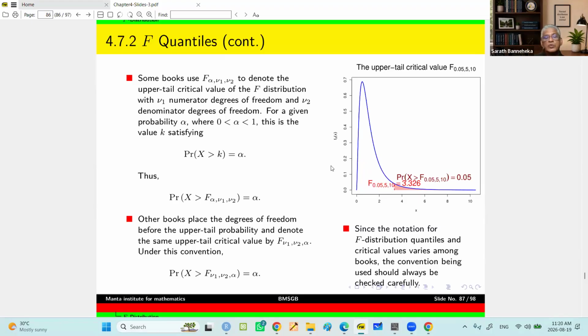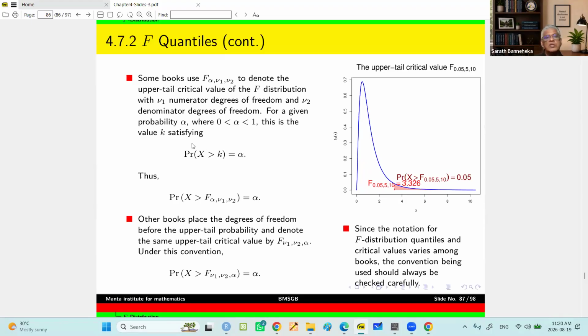According to that notation, the same value 3.326 will be denoted as f.05, 5, 10, because the area above this is 0.05. The area below 3.326 under the curve is 0.95, so the area above it is 0.05.